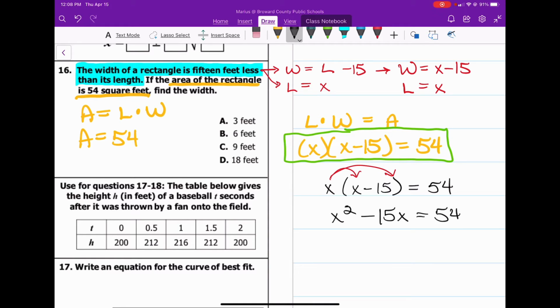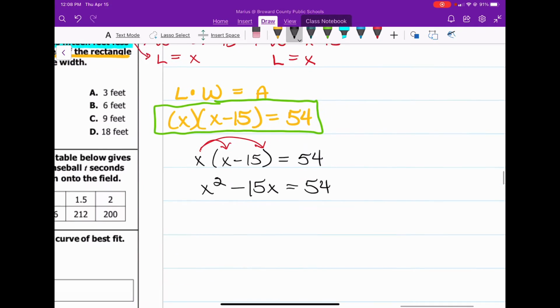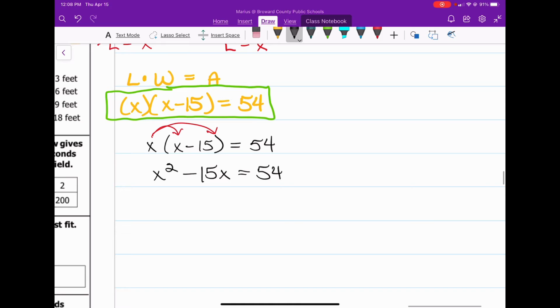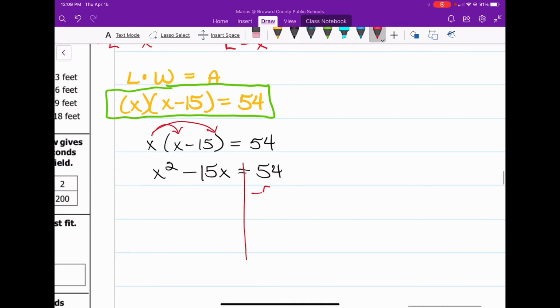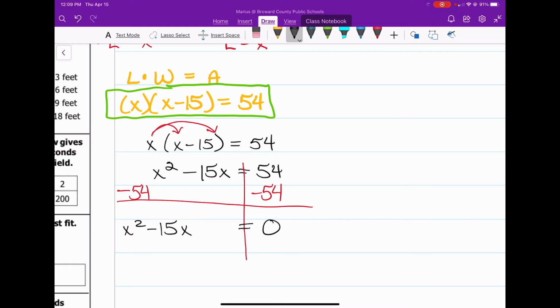Now, to find the solutions to a quadratic equation, we need to have the quadratic equation equal to 0. So what I'm gonna do now is subtract 54 from both sides. That's gonna leave me with 0 over here, and this is gonna say X squared minus 15X minus 54, okay?